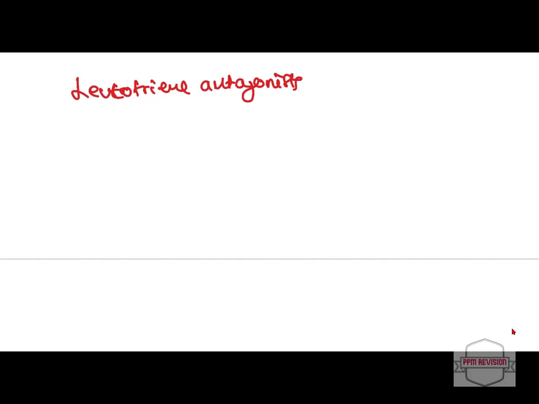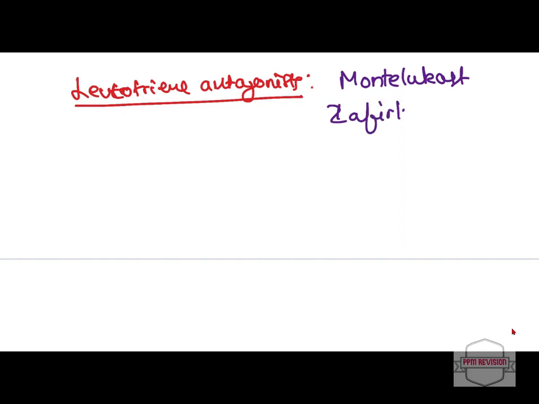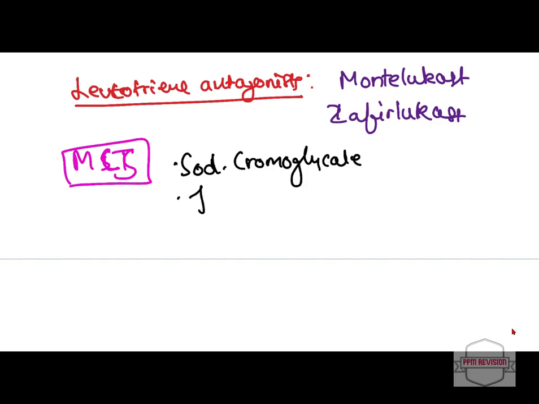Under this, there is montelukast and zafirlukast. Now moving on to another category, there is mast cell stabilizers, writing short as MCS. Under this, there is sodium cromoglycate as well as ketotifen.